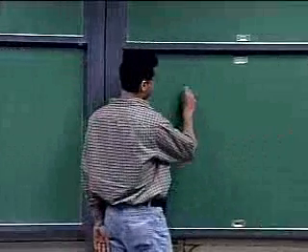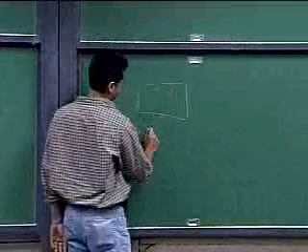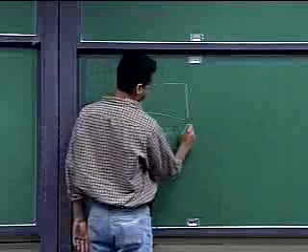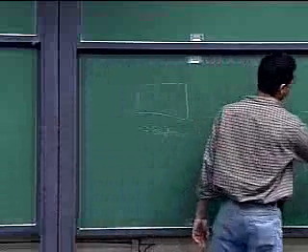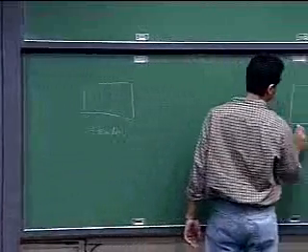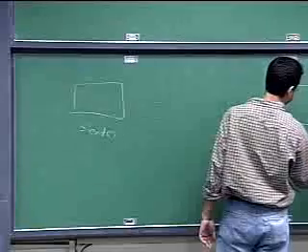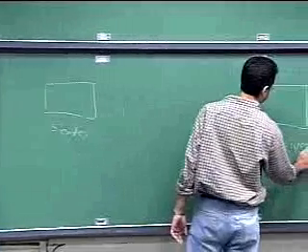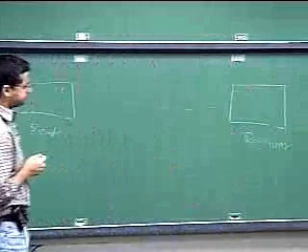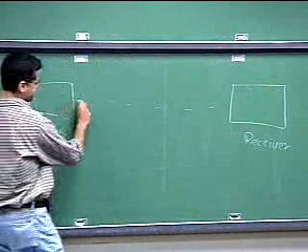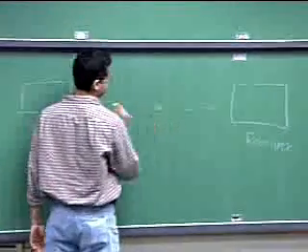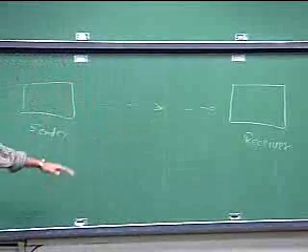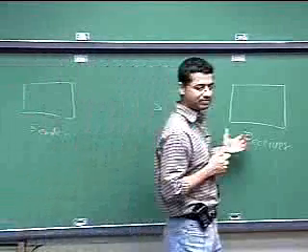So if you have a sender here, and data is, let's say, transmitting in one direction, the receiver can absorb data at a certain rate.